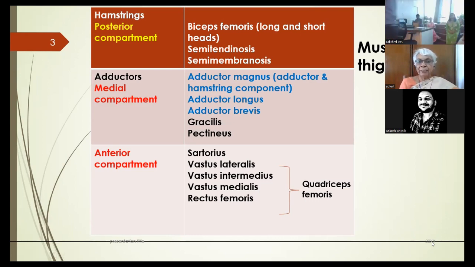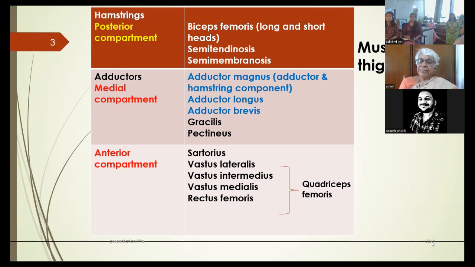The posterior compartment comprises the biceps femoris, which has the long head and the short head, the semitendinosus, and the semimembranosus. So we know that the biceps has two origins, and they have even a dual nerve supply. The adductor part is supplied by the obturator, and the hamstring part by the tibial division of the sciatic.